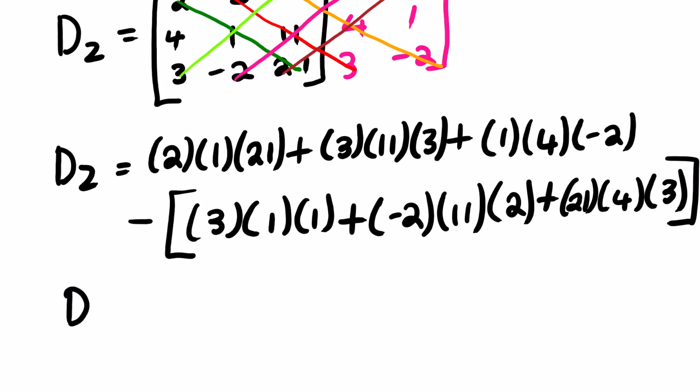We solve. dz is equals to 2 multiplied by 1 multiplied by 21. The answer is 42 plus 3 multiplied by 11 multiplied by 3.